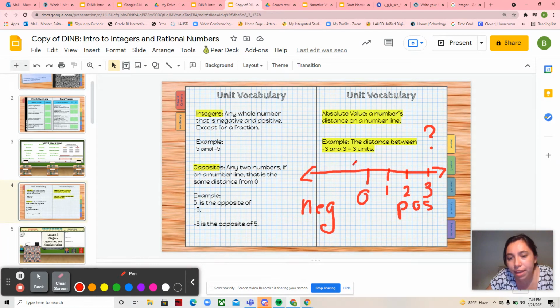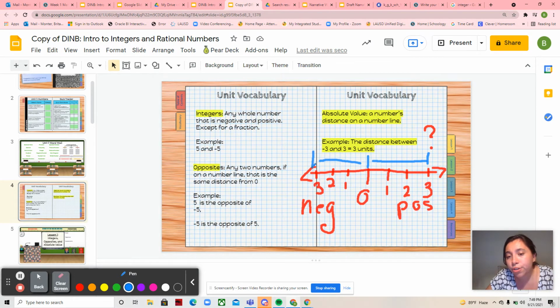And then I have -3. 1, 2, 3. Okay? So I can see here that from 0, it's a distance between two numbers. So my absolute value, I'm going to draw in blue. My absolute value is how many steps from 0 it takes me to get to this number, okay?